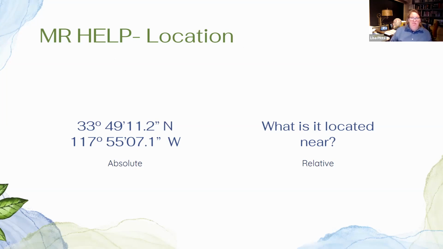But typically, you don't go, hey, meet me at 33 degrees, 49 minutes, 11.2 seconds north, and 117 degrees, 55 minutes, and 7.1 seconds west, right? You would say, meet me at Disneyland, or meet me at 1313 Harbor Boulevard, which is Disneyland, right? So you wouldn't give a latitude and longitude, but geographically speaking, geographers a lot of times will refer to a location using latitude and longitude, the equator.